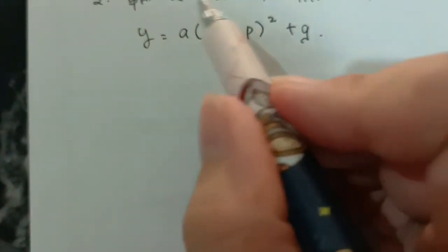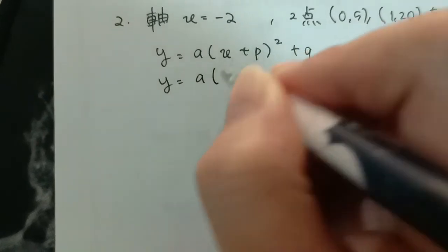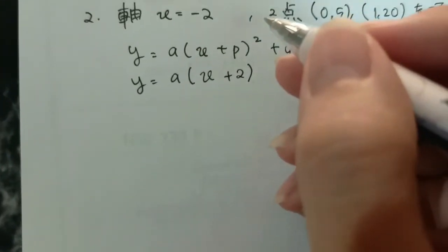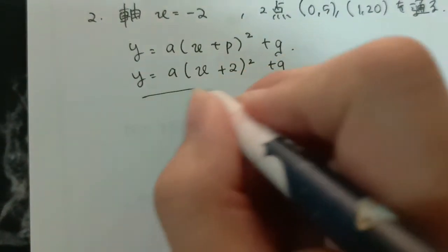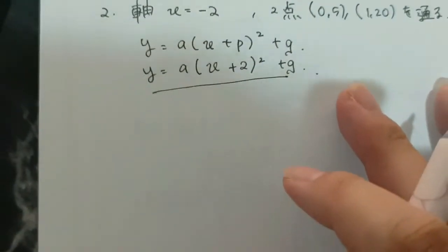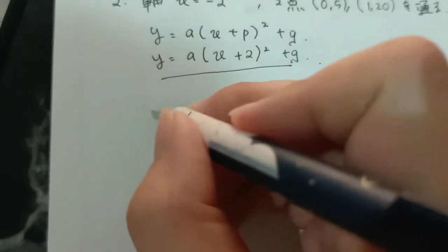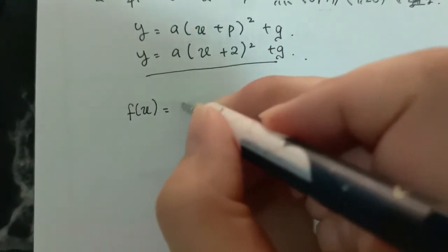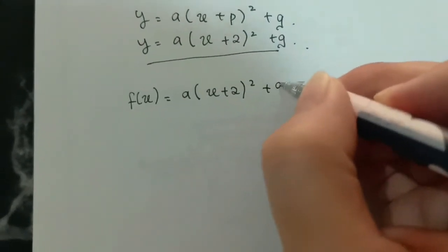And then we have x is minus 2 over here, so we can replace the p: y is equal to a(x, because this is minus, becomes plus 2)² + q. Now by using this one, we replace y with f(x): f(x) = a(x + 2)² + q.